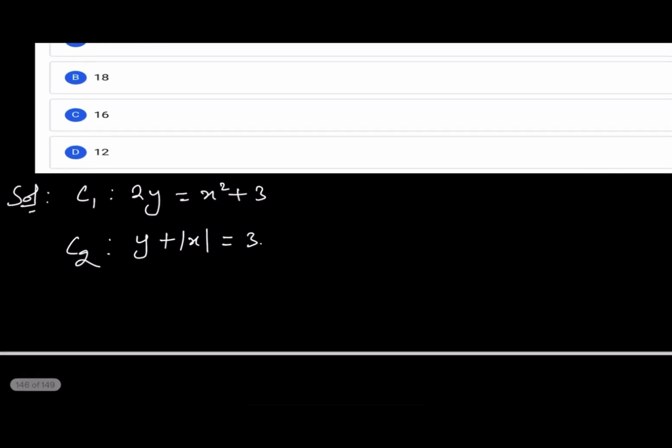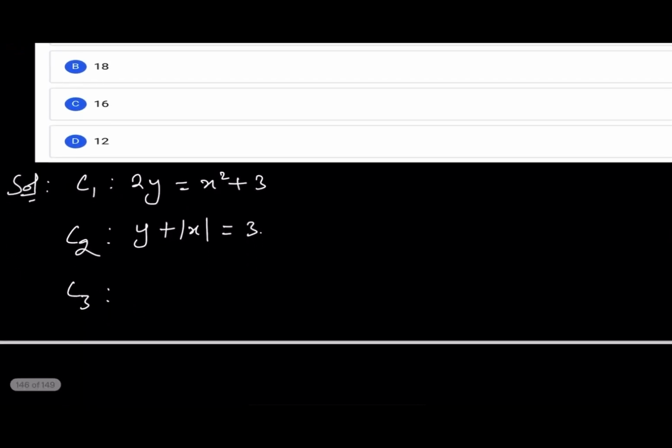Let's say C1 is 2y is equal to x square plus 3, C2 is y plus mod x is equal to 3, and C3 is y is equal to mod of x minus 1. I am drawing these curves.